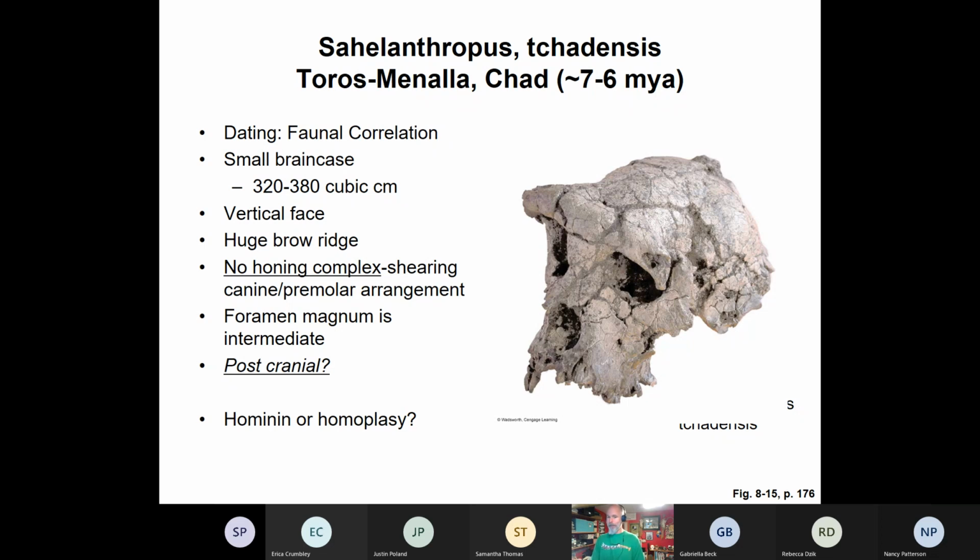But the stratigraphy remains consistent, and so that is not the ideal way to identify the age of a fossil, but there is some accuracy in science behind that. It was a very small brain case, very small, 320 to 380. This is chimp-size. The face, however, was vertical.